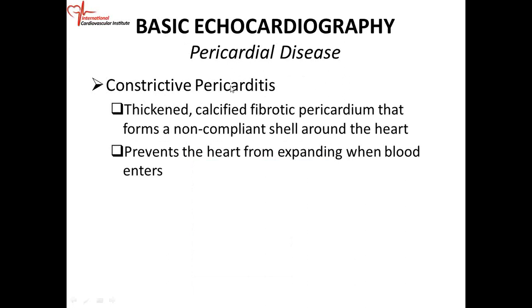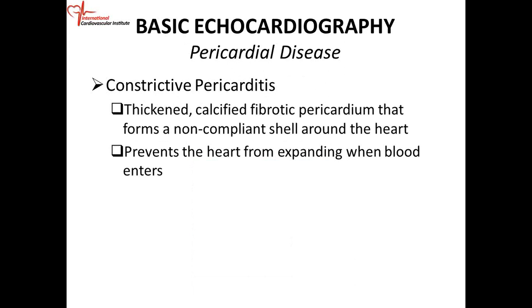With constrictive pericarditis, you have a thickened calcified fibrotic pericardium that forms a non-compliant shell around the heart. So it's like the heart is encased in this stony covering, because that's what it is. It's a calcified fibrotic pericardium, which is like stone.